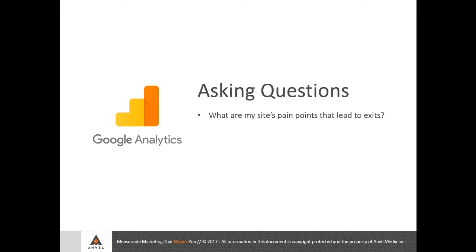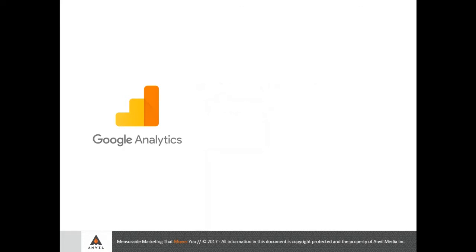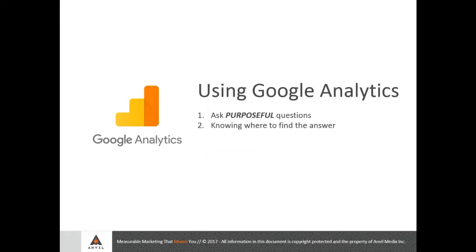A purposeful question looks something like this. What are my site's pain points that lead to exits? How is my new landing page performing? How do new visitors interact with my site? How are repeat visitors engaging with new content? And maybe what's causing the high cart abandonment during checkout?